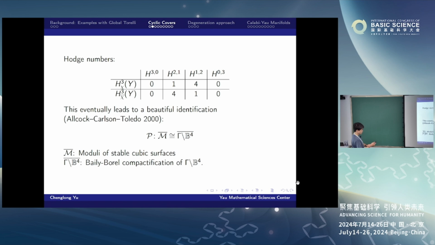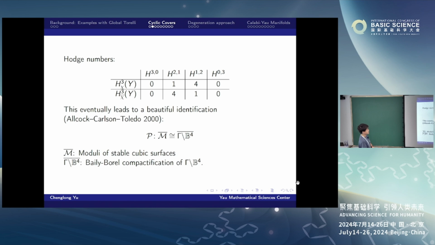If you look at, for example, H^3 chi of Y, then the bilinear form on the middle dimensional cohomology by Poincare duality will induce a Hermitian form. In this case it's actually skew Hermitian, but you need to multiply it by a pure imaginary number to make it Hermitian.